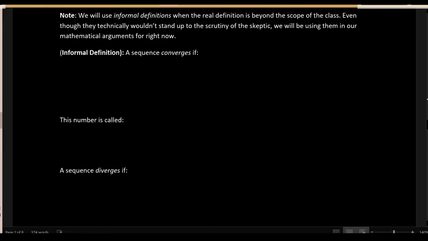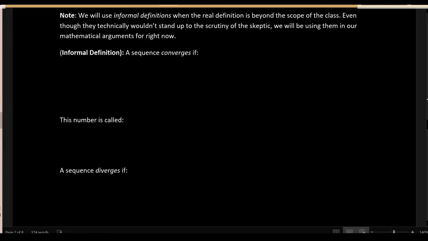Now, just as a note, there are occasions in the class where we're going to have to be a little bit more informal with our definitions and describe them in more plain colloquial English. Because sometimes the real definition of the term is just more complicated than we really have time to cover in the course.